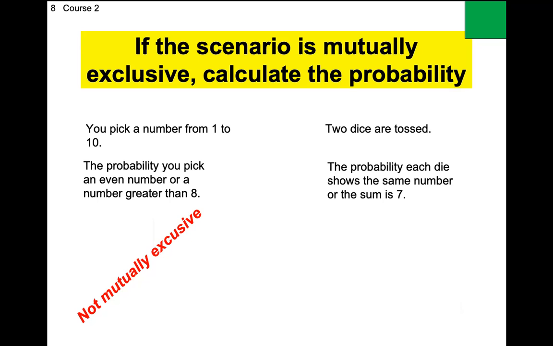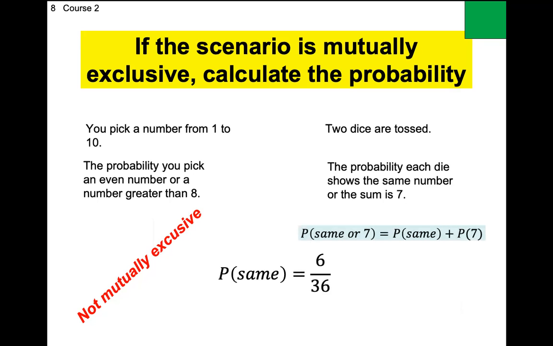Out of how many things can happen when you roll 2 dice? 36. So the first one was 6 out of 36, and the second was 6 out of 36. What are we supposed to do with those 2 numbers, according to the formula? Add them. So 6 plus 6 is 12.